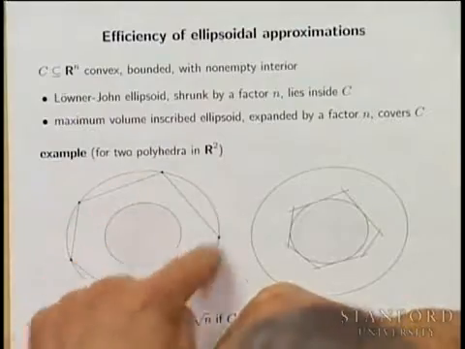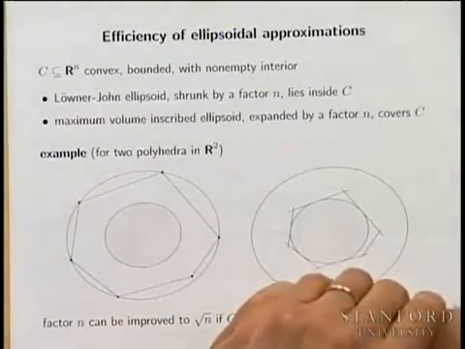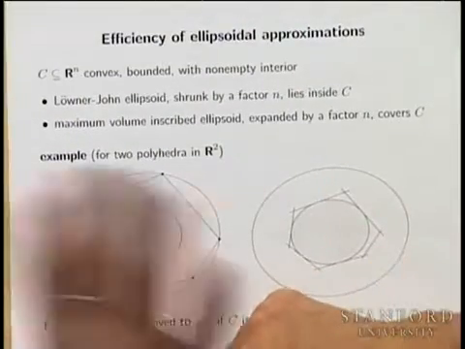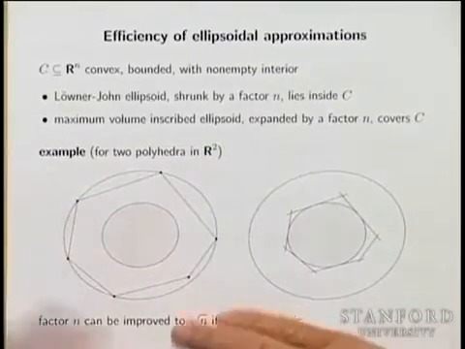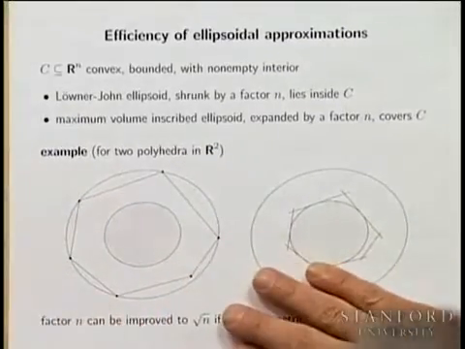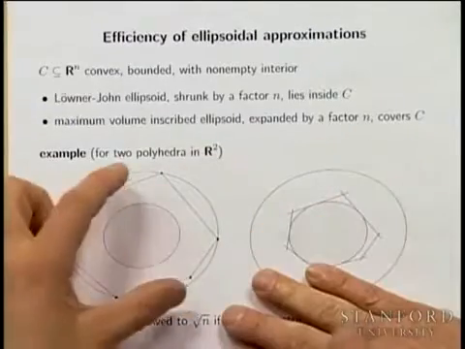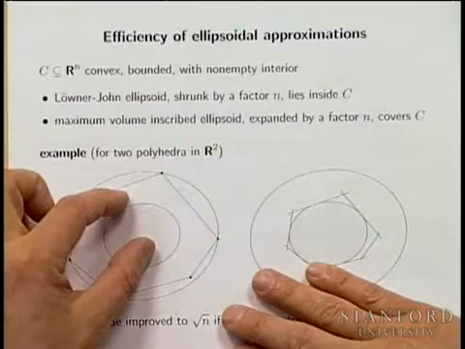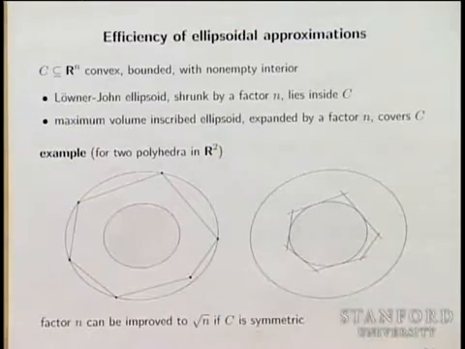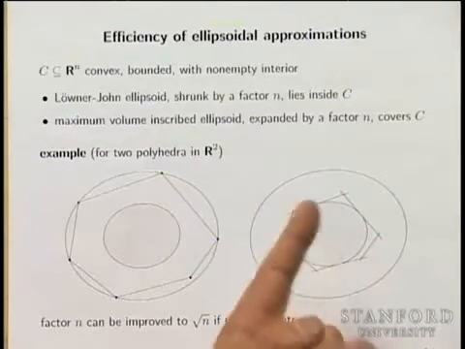Okay, and that's this one. The following is a fact, comes right out of duality. I won't derive it, the derivation's in the book. If you take that ellipsoid and you shrink it by a factor of n, then you're guaranteed to be inside the set.